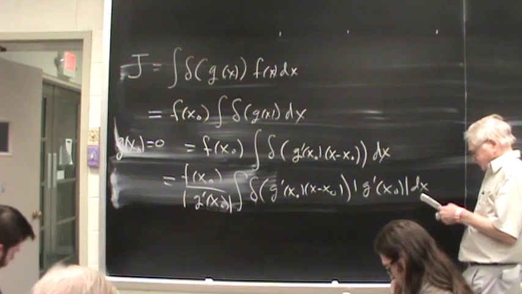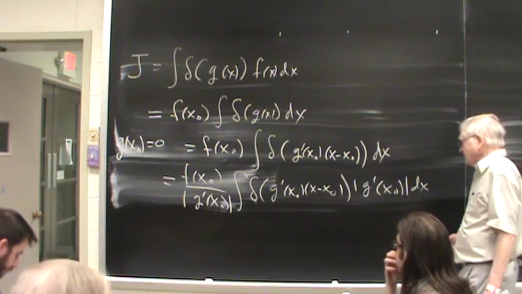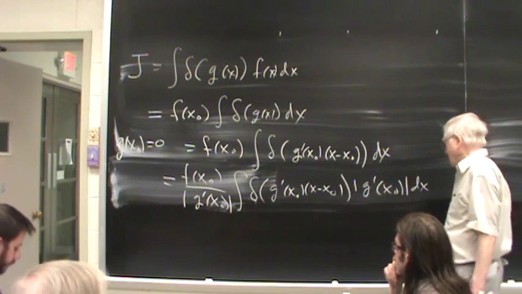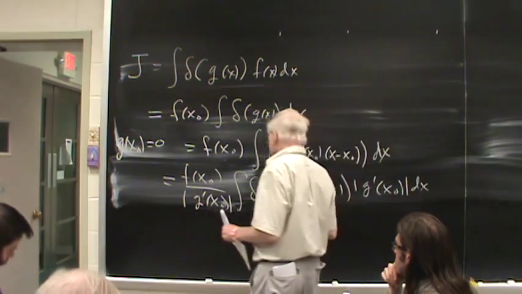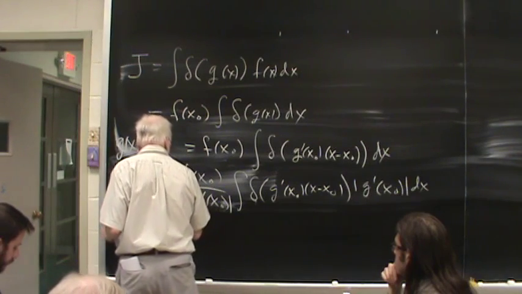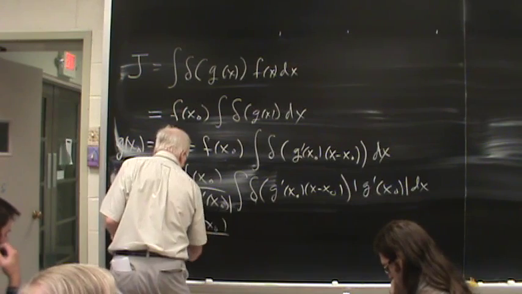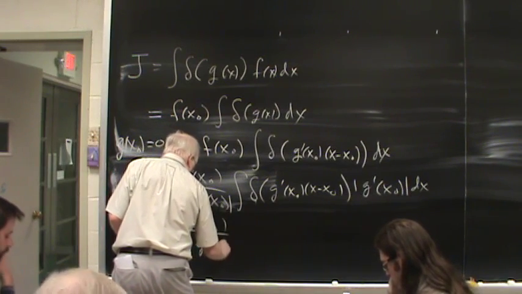Okay, now this is, we're going to rewrite it again: f of x0 times the absolute value of g prime of x0.